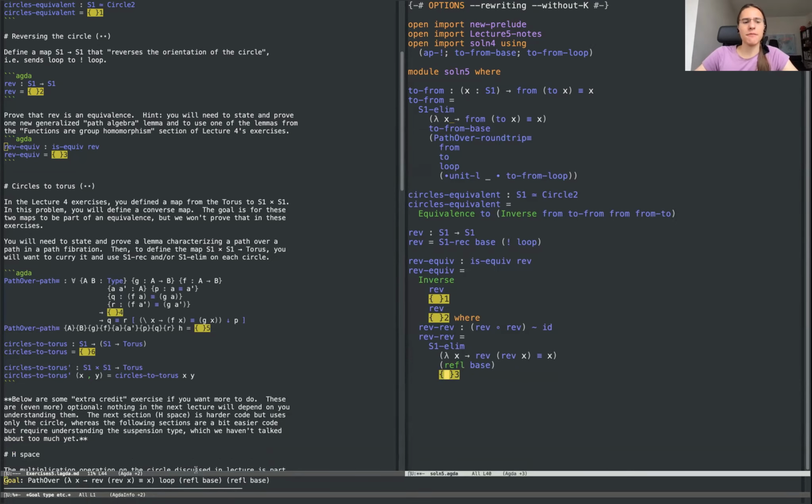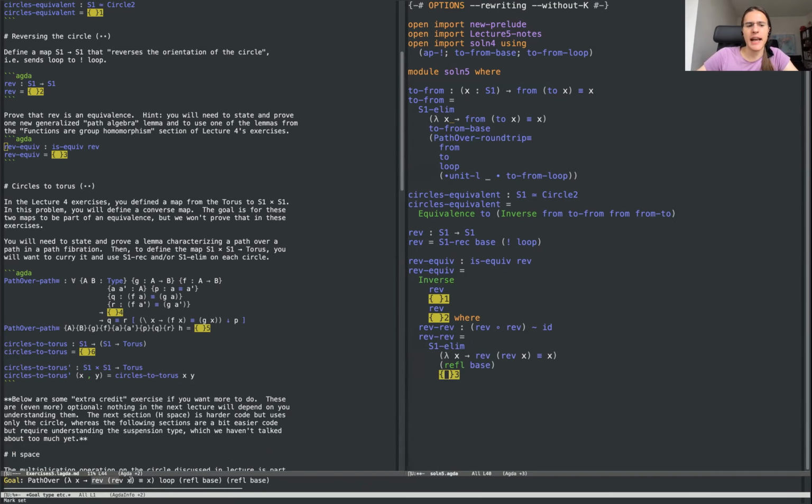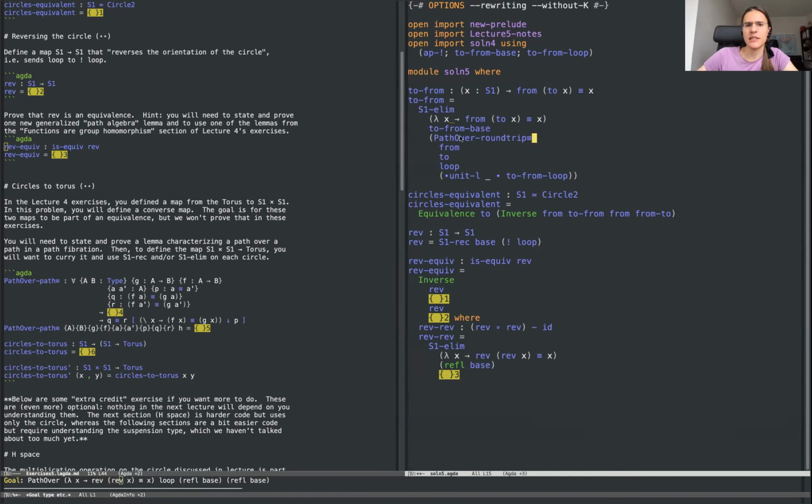So it now suffices to construct this path over, but how are we going to construct that path over? It's a path over in this function x equals x over loop refl. So we're just going to use basically the same lemma that we used last time. And now we need to say what the maps are. They're rev and rev.